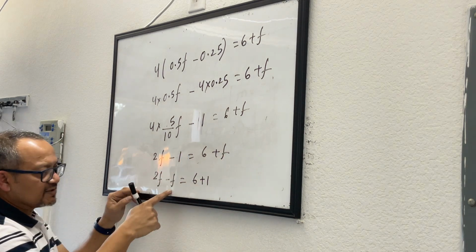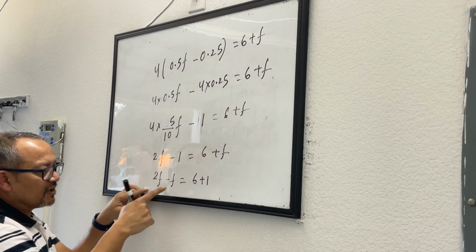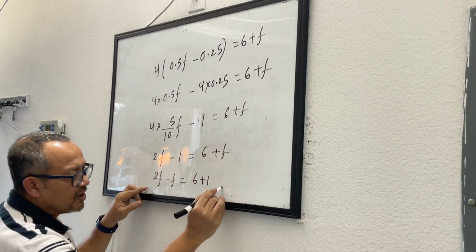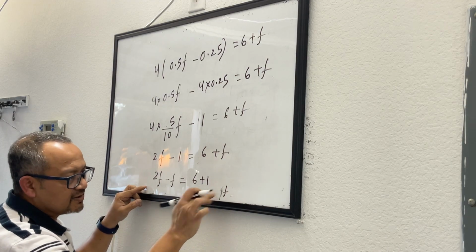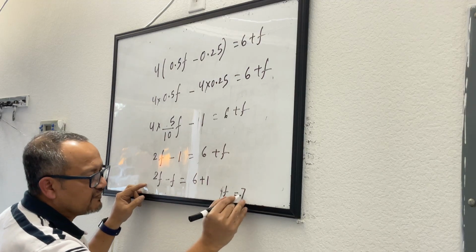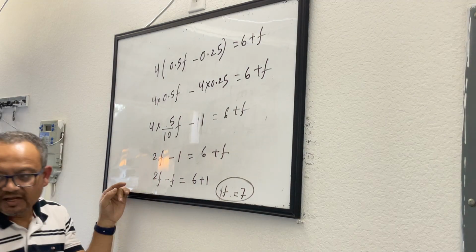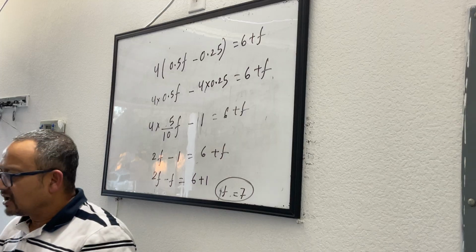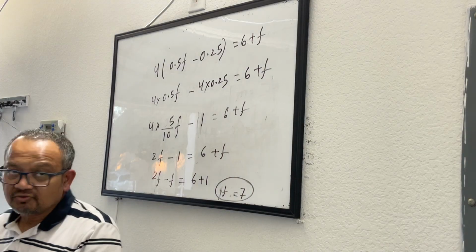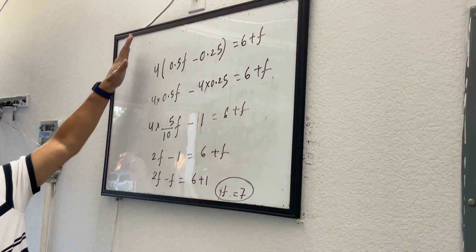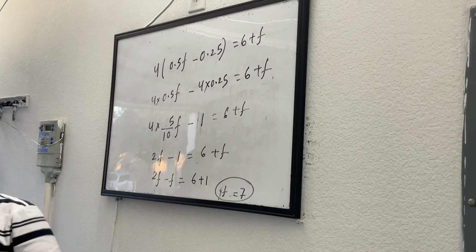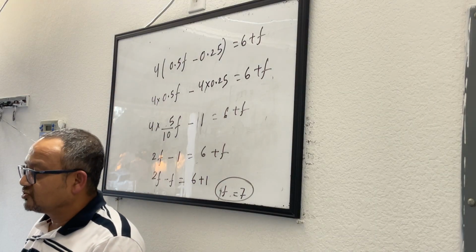So 2f minus f, 2 friends minus 1 friend, became 1 friend or just f, equals 6 plus 1, 7. So you guys were right, and I had assumed this to be right, but I just wanted to again brag about my step-by-step process because I want everybody in the class to follow this.